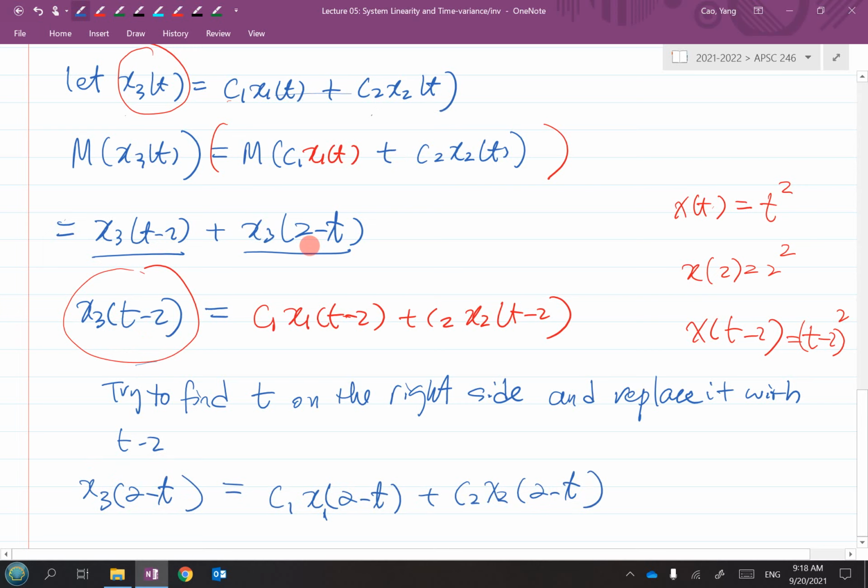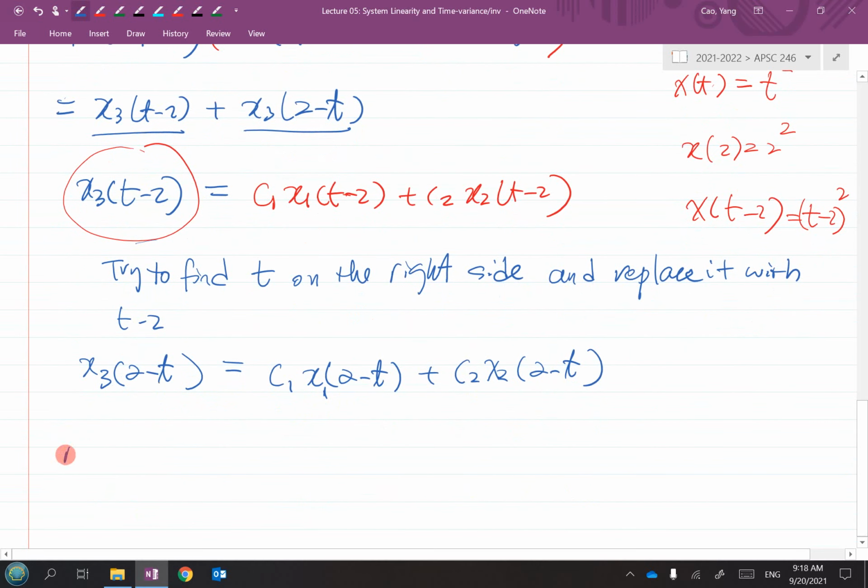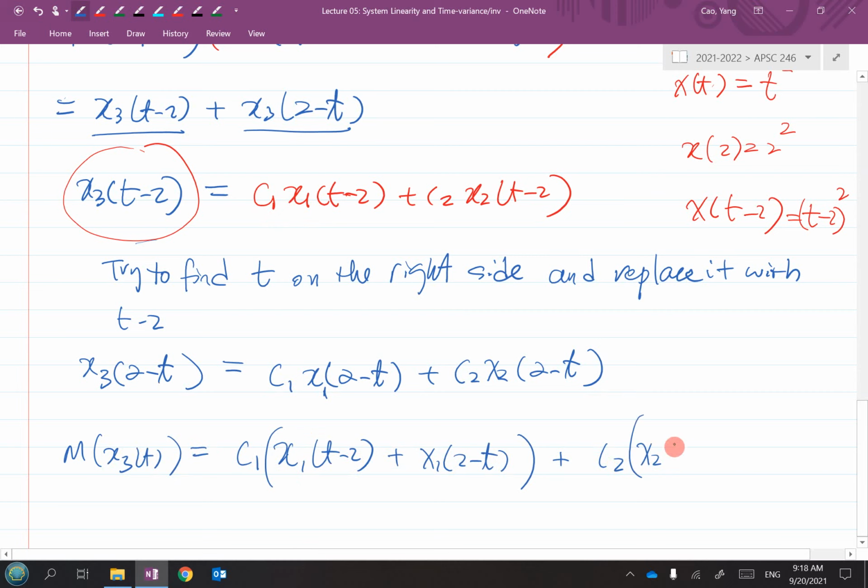So now I can actually write down x3 of t equal to, so this term plus this term, right? C1, there are common factors here, so you could write C1 x1 of t minus 2 plus x1 of 2 minus t, and then C2 x2 of t minus 2 plus x2 of 2 minus t.